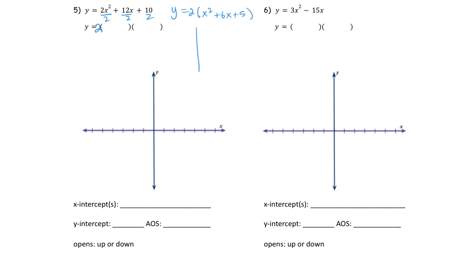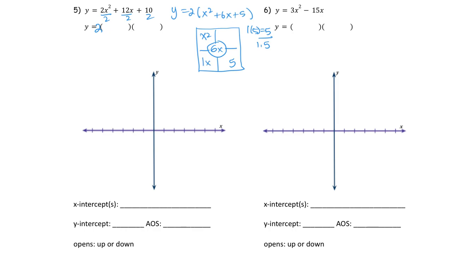Now you're ready to do this in the box method, if that's how you do this. X squared plus 6x plus 5 would go along my diagonal. And I am looking for factors of 1 times 5, so that's just 5, factors of 5 that add up to 6. And my only factor pair, 1 and 5, do add up to 6.